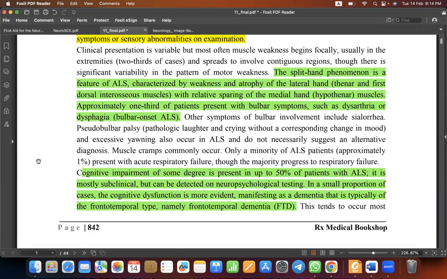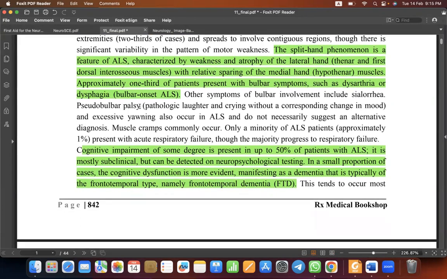In pseudobulbar palsy, sometimes there could be pathological laughter or crying without a corresponding change in mood, and excessive yawning. These occurring in ALS do not necessarily suggest an alternative diagnosis.